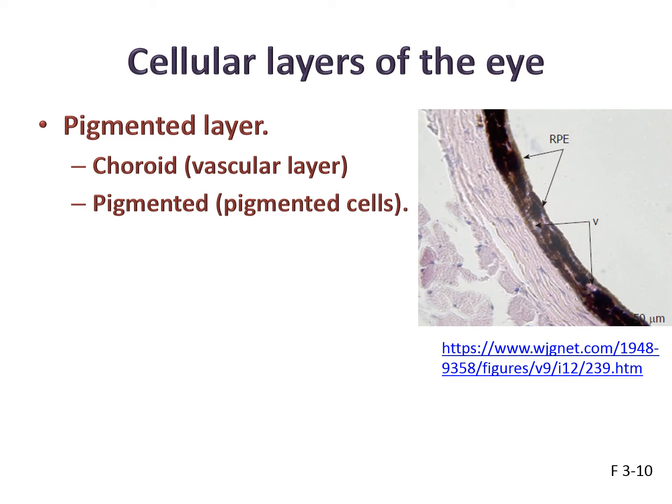In this image, you can clearly see the sclera plus the pigmented layer with blood vessels and pigmented cells. Albino animals lack this pigmentation and, as a consequence, have a much poorer vision than other animals.